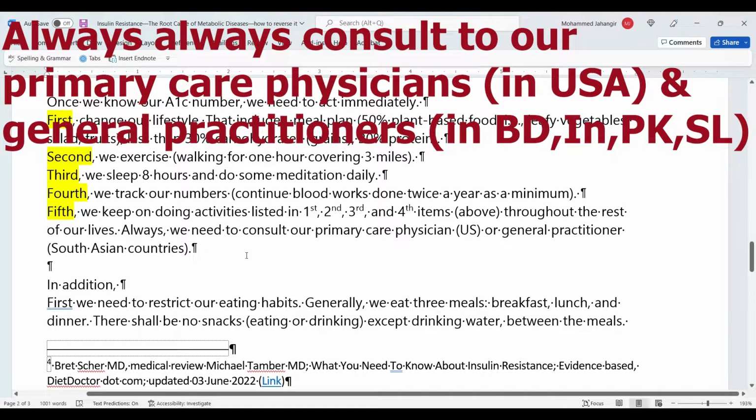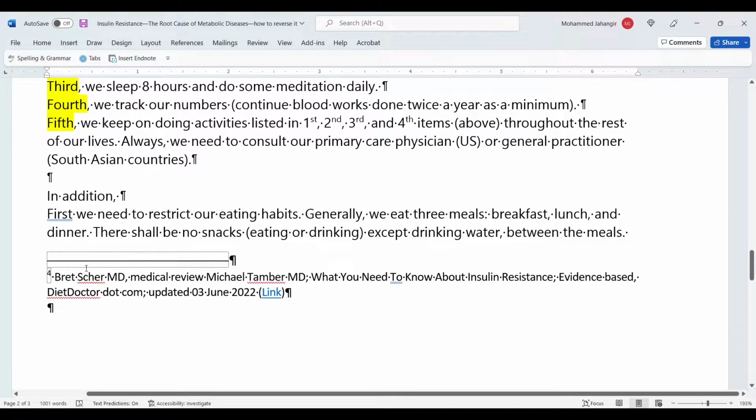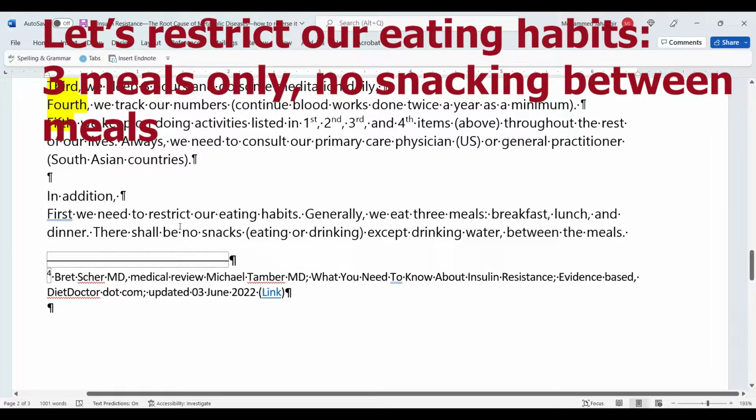Always we need to consult our primary care physician in the US and general practitioners in the South Asian countries. In addition, first we need to restrict our eating habits. Generally, we eat 3 meals, breakfast, lunch, and dinner. There shall be no snacks, eating or drinking, except drinking water between the meals.